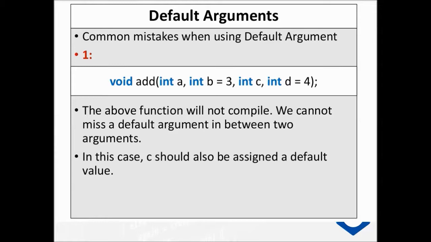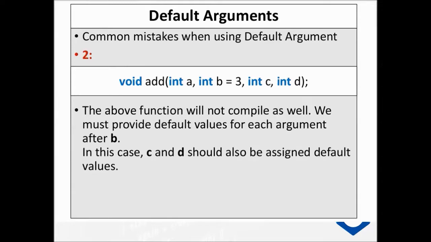It means we cannot write int b = 3, int c, int d = 4. Here int c is not a default variable, so we cannot write a single non-default variable between two default arguments. In this case, c should also be assigned a default value.